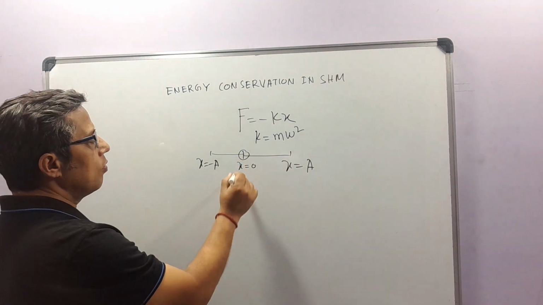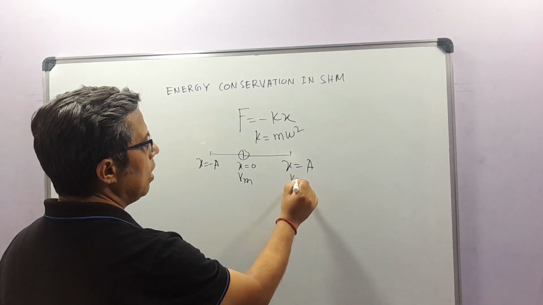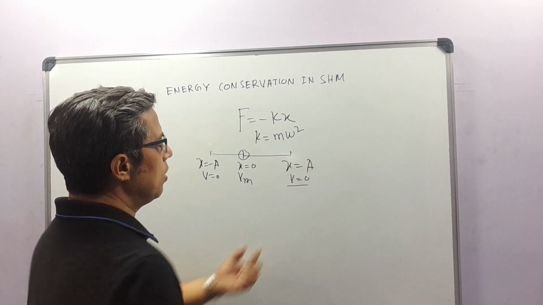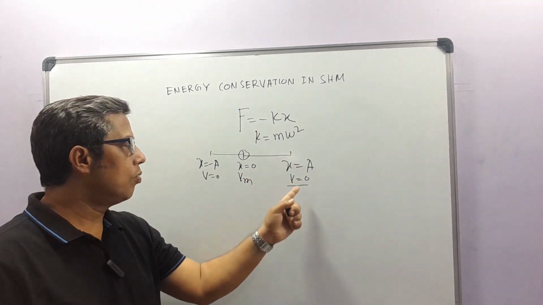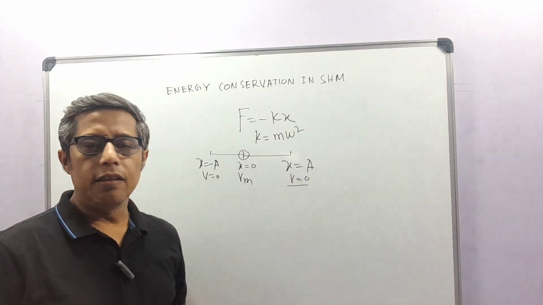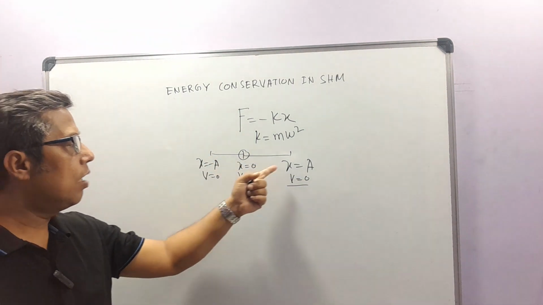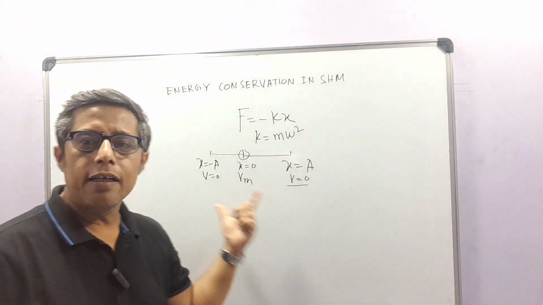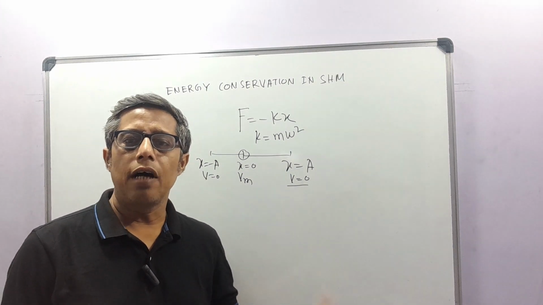In the extreme positions velocity is 0, so kinetic energy will be 0 there, and the total energy will be the potential energy. In the mean position velocity is maximum. I will show you the expression by which we can prove that at any point the summation of the potential energy and the kinetic energy is conserved, and that is independent of time.